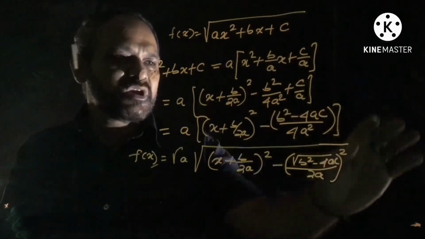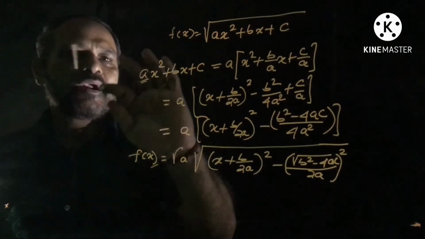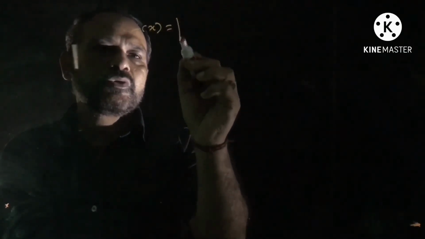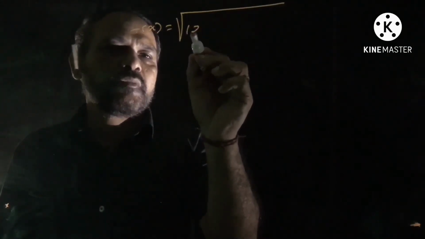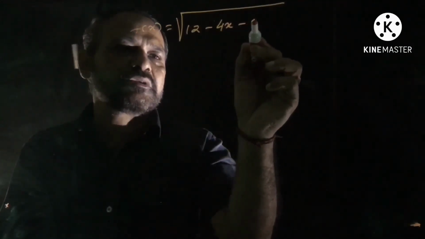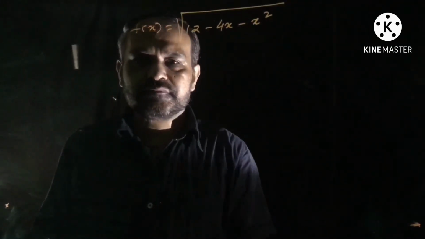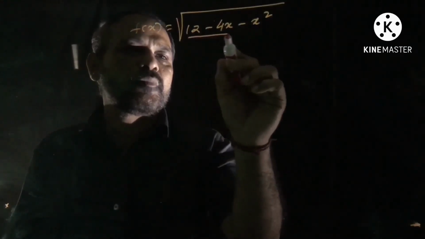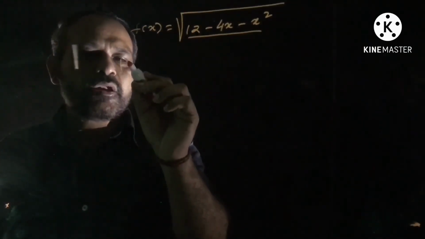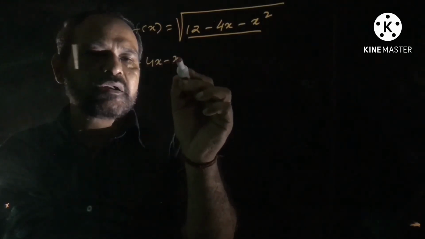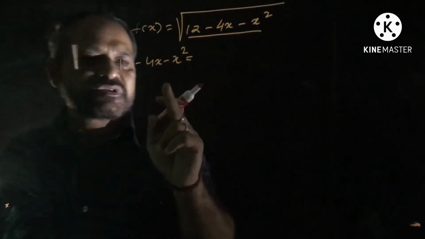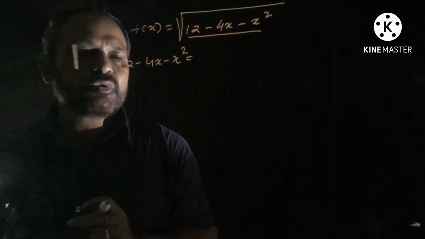Now, we consider an example to find out its domain. Question: find out the domain of f of x equal to square root of 12 minus 4x minus x square. First, we have to change this into completing the square. 12 minus 4x minus x square. For completing the square, we must change the leading coefficient to 1.